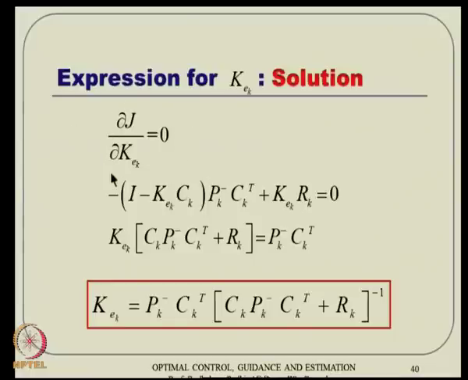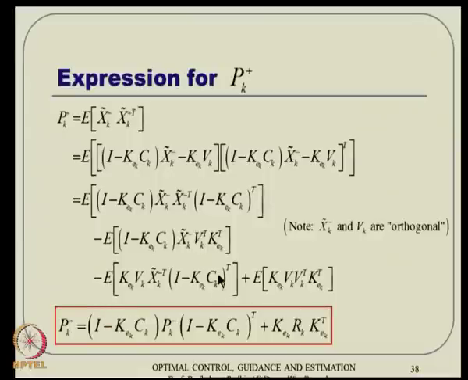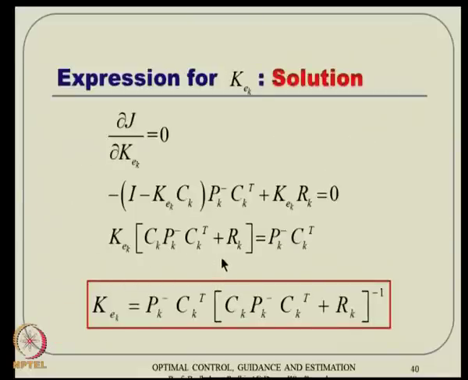If you see this expression, del J by del Kk turns out to be like this, because J is nothing but the trace of Pk plus, and Pk plus is available here. Using standard matrix calculus for matrix expressions, we can derive something like this. This del J by del Kk turns out to be like this, and here is actually a linear equation in terms of K, and fortunately K happens to be on the left hand side in both the expressions, so it is easy to solve.